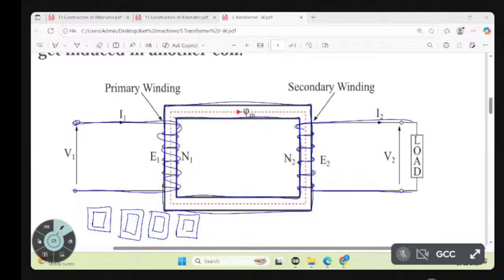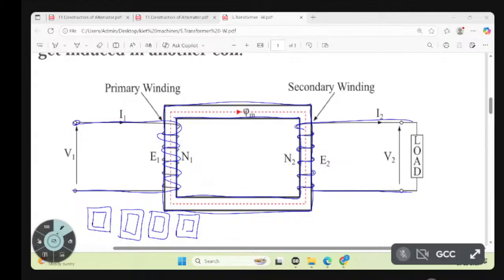Transformer is a static device in which electrical energy transfers from one winding to another winding. How is it transferring? Not directly. There is no connection between them. It is by the principle of mutual induction.